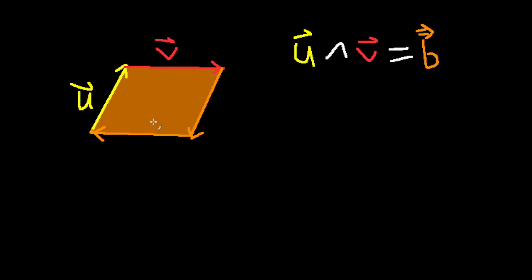So a bivector, basically speaking, I'll put that in here as well. A bivector is considered an oriented plane segment. So let's go ahead and write that down.